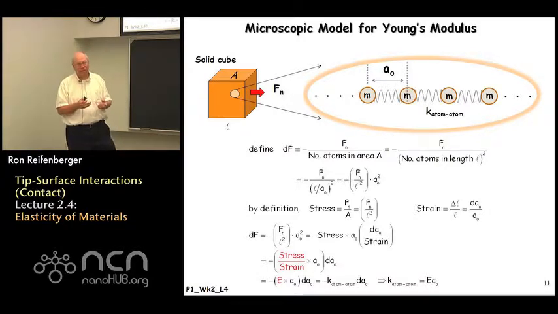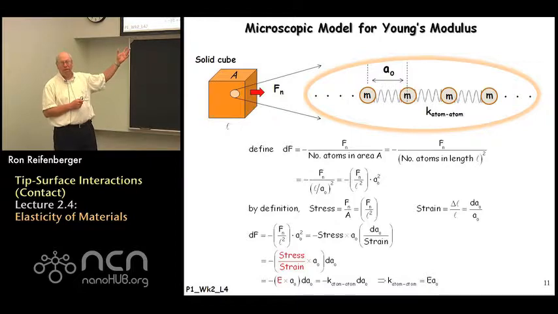The spring constant in this particular case is going to be designated by the parameter K with the subscript atom. And what we'd like to be able to do is relate that effective spring constant to, let's say, Young's modulus that we would measure for this bulk cube of material.